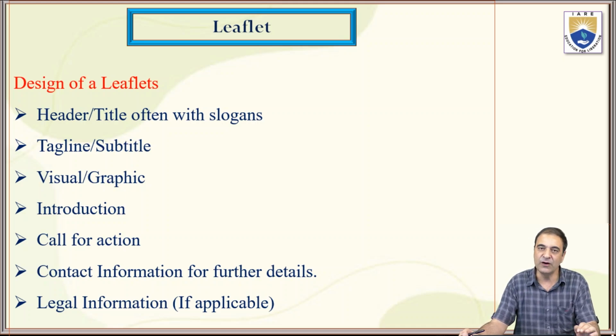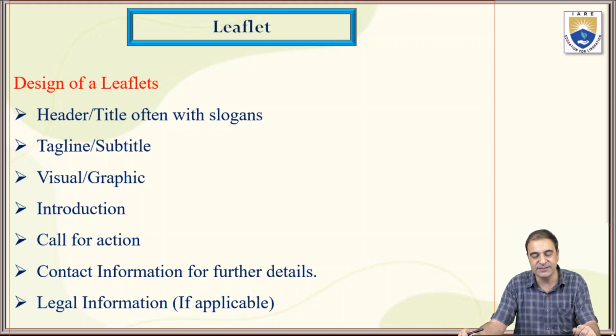Here, the first one is the header or title. We often provide this header or title with slogans or punchlines. And the second one is the tagline or subtitle. This title, or heading, or caption is followed by a tagline or subtitle. Later on, we will take these points one by one.